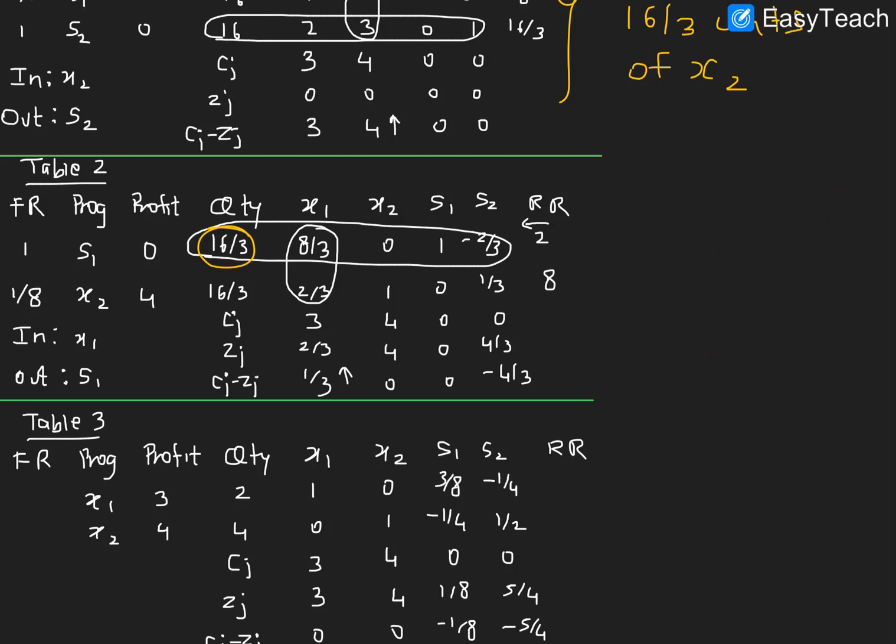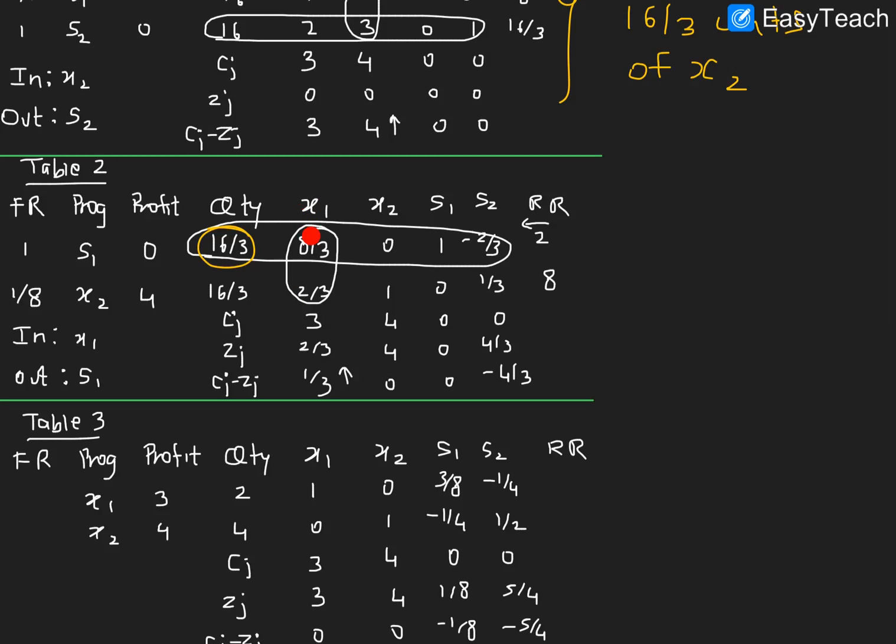Okay, let's go ahead with this part now, where we say, let's understand these numbers right now. At this stage, as we observed, there's no S2, meaning that the labor hours are not available for the production.